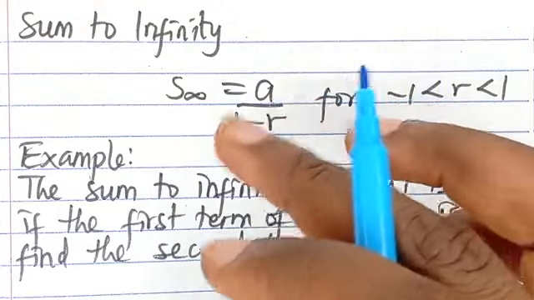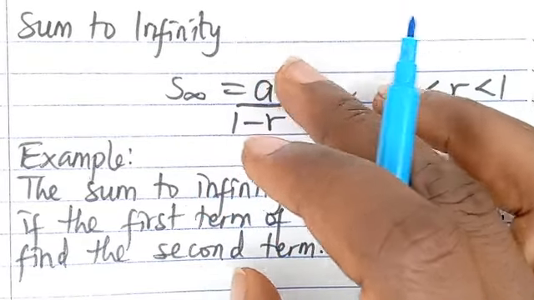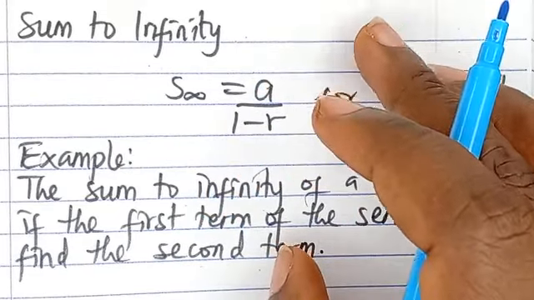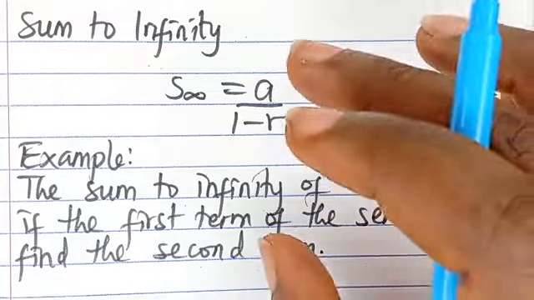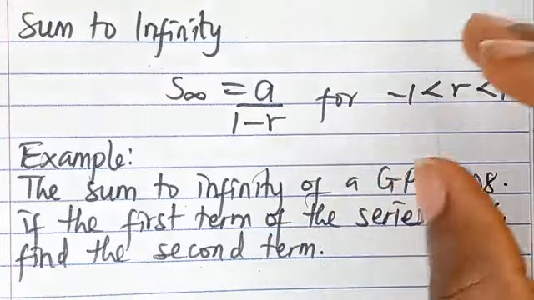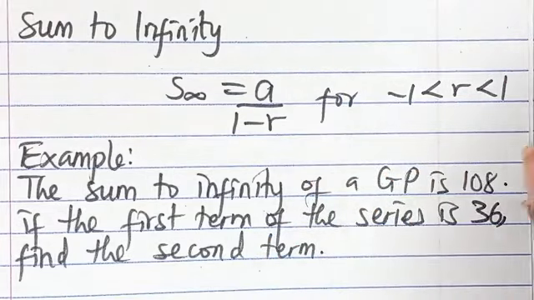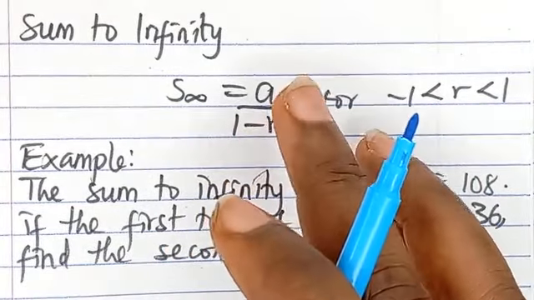When we want to get the sum to infinity, the formula has A times 1 minus R raised to power n. At the end of the day, for a very, very large number of terms, R raised to power n, R being a fraction, is going to give us something like 0.00, an insignificant number. It's just like multiplying A by 1. So that is how we came to this formula.